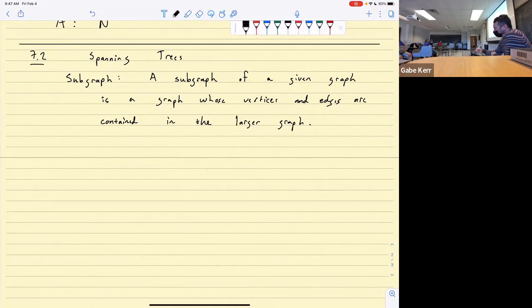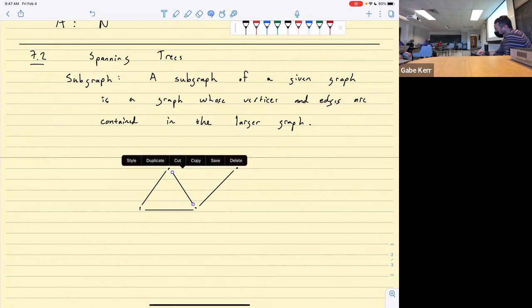So if I have a graph, what's a picture here? I mean, we can talk about all kinds of phenomena. I have a graph like this. I can consider subgraphs as just maybe highlighting some edges. You don't have to have all of the same vertices, so I could just do something like this and say, okay, my red edge is a subgraph of the graph I just had.